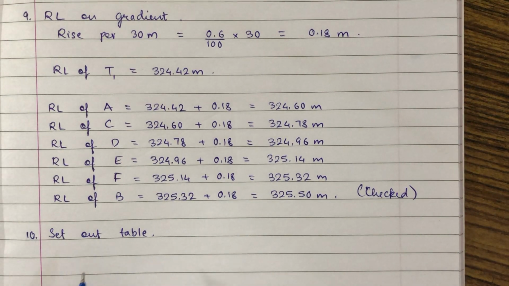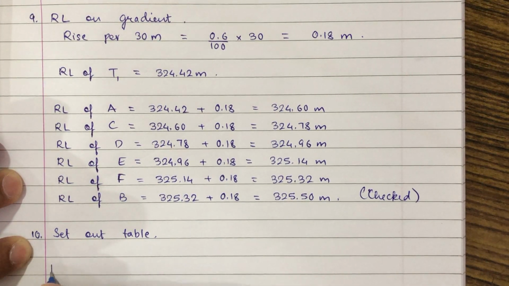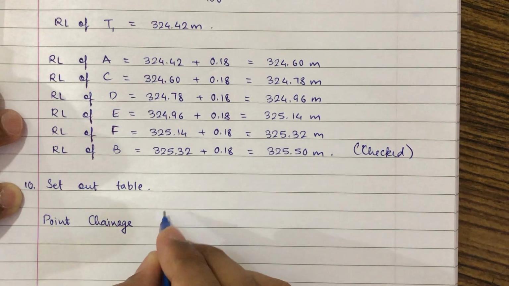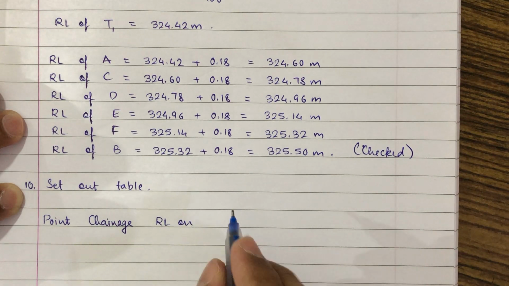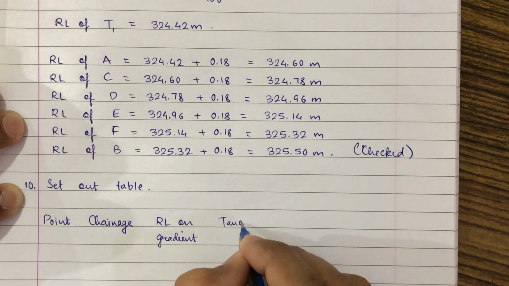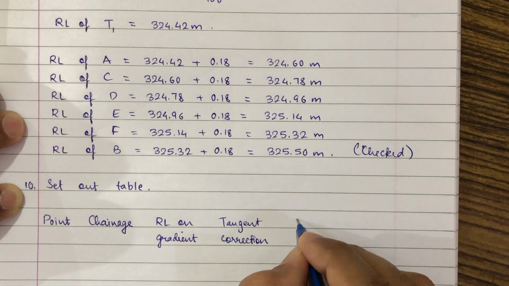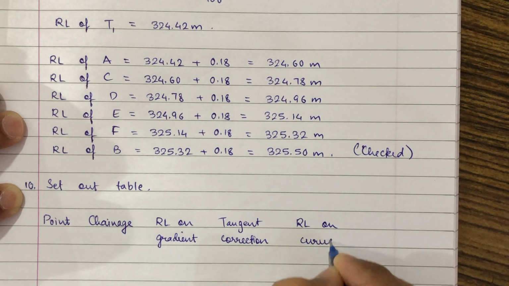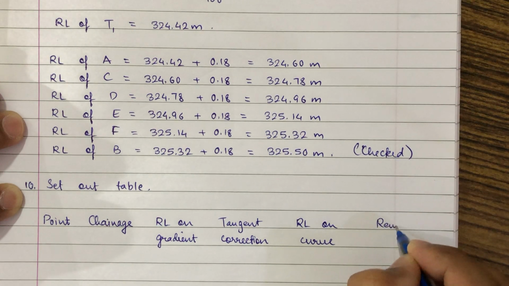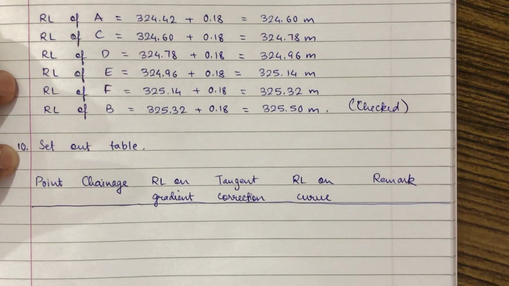The table will comprise the point or the station, the chainage, the RL on gradient, the tangent correction, the RL on curve, and the last column for remark. This is what the table will comprise of.